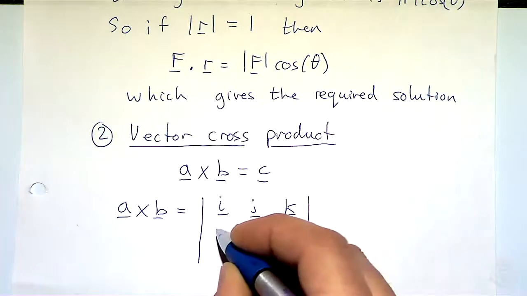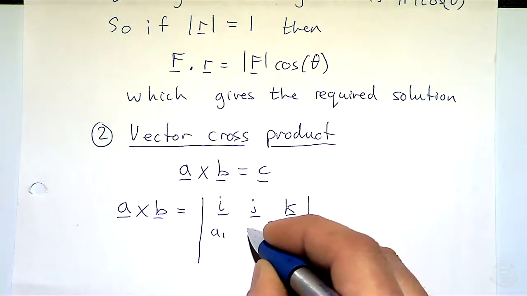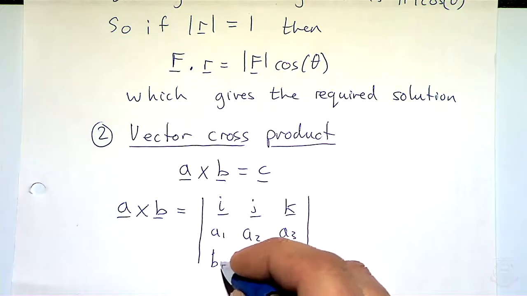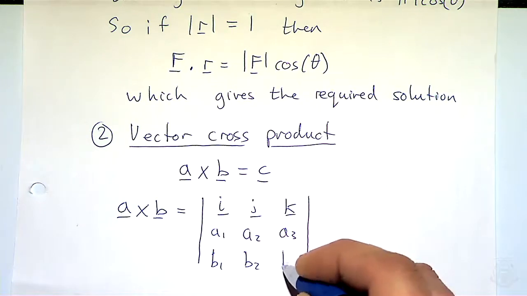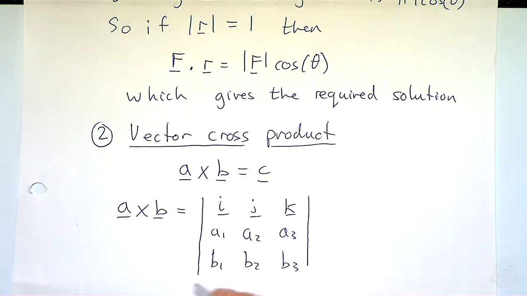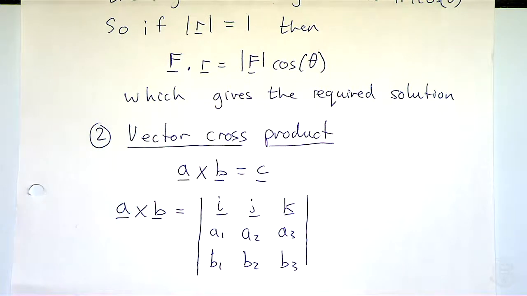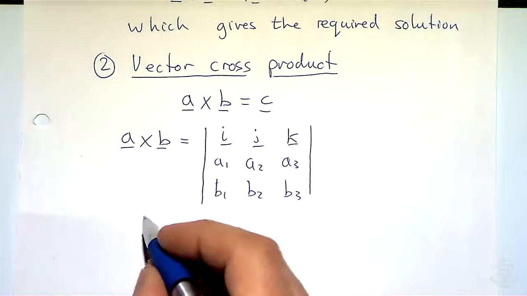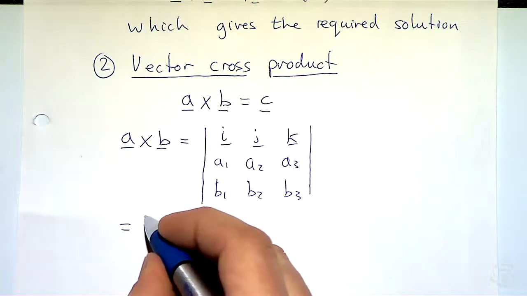And then we have A1, A2, A3, B1, B2, and B3. So we have the two vectors written out in their component form.